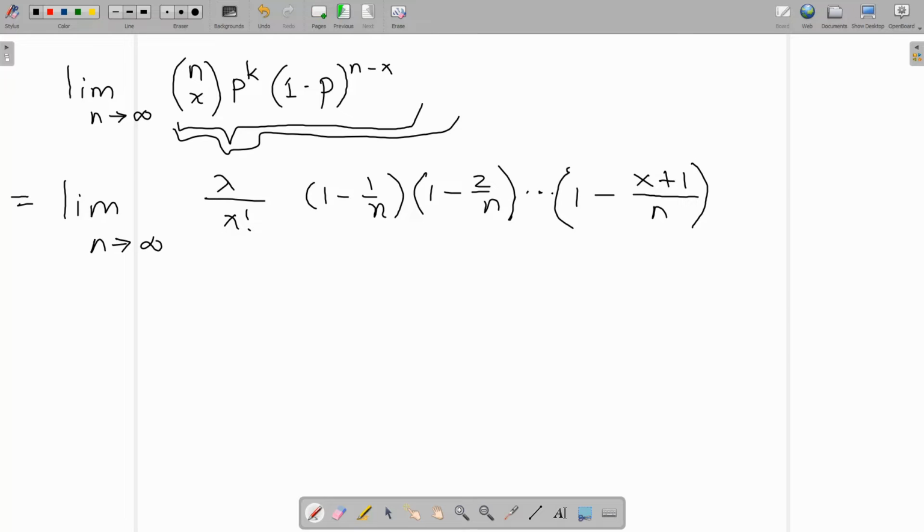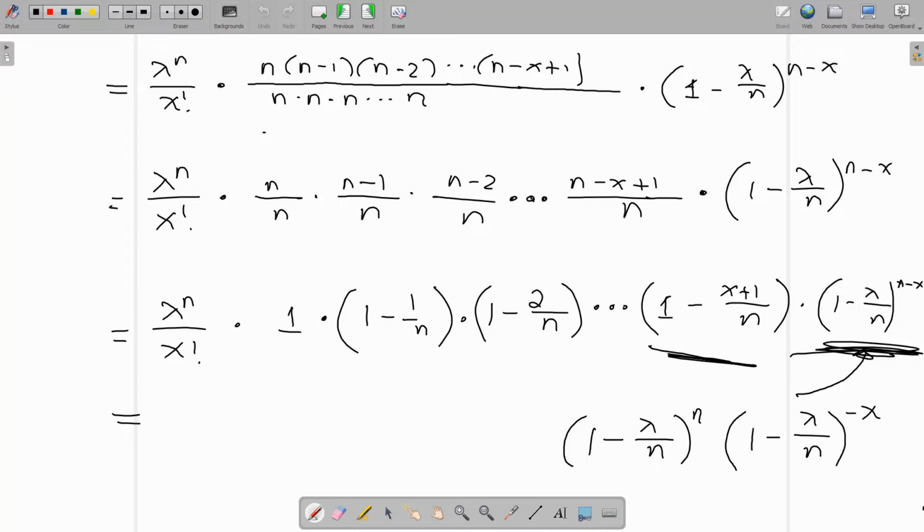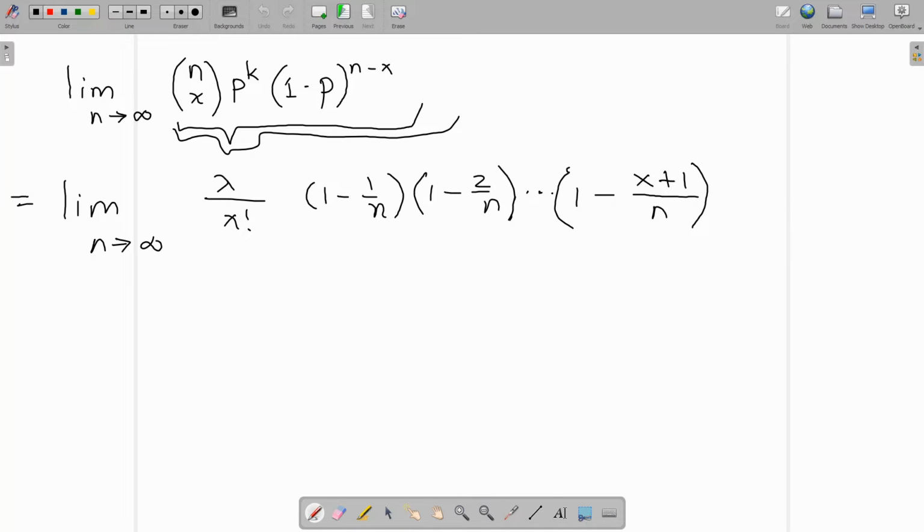Then 1 minus lambda over n raised to n, and 1 minus lambda over n raised to n minus k.